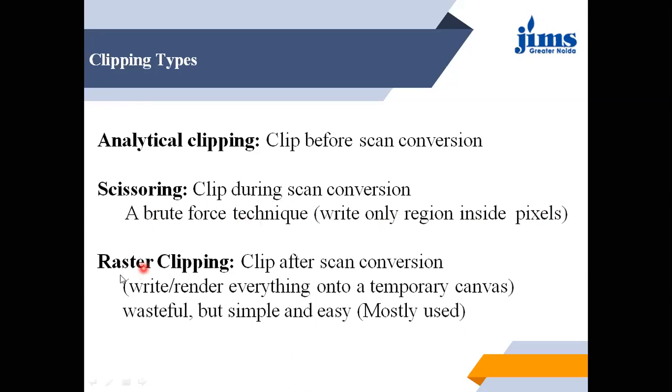Third one is raster clipping. It clips the window after the scan conversion, means when we have the complete image, and after completing the image we want to modify that image, then we can perform raster clipping. In this, we have to write or render everything on a temporary canvas, whether outside or inside the window.